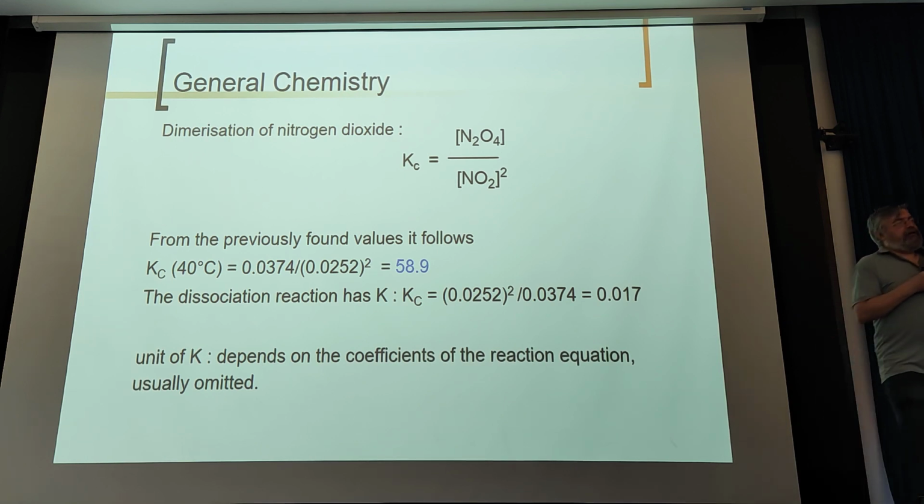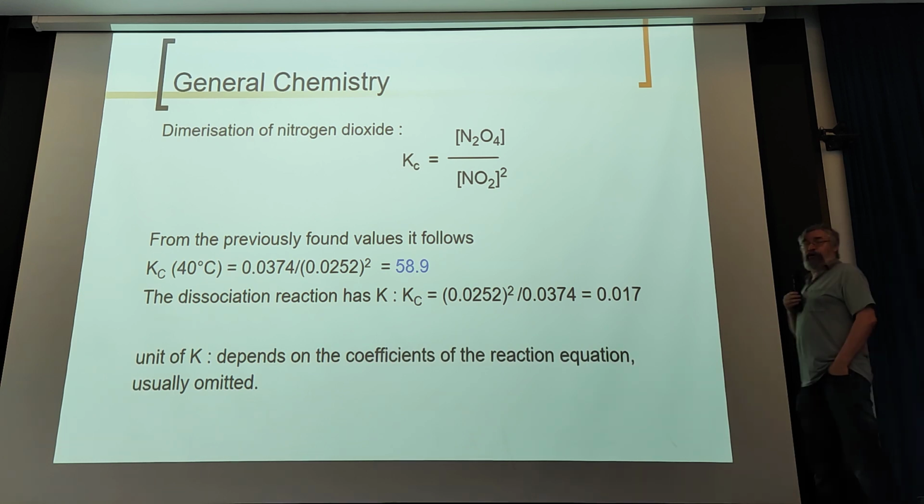So, for the K for the reaction that we just studied, the dimerization of NO2, the product is N2O4, so the concentration of N2O4 is put there, and the concentration of NO2 is squared, because we needed 2 NO2s as reagent. So we know the concentrations, so let's put them in the equation for the equilibrium constant.